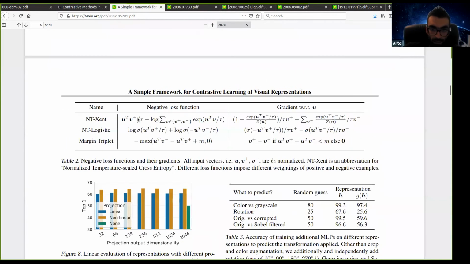So yeah, here you can see the 3 losses they compared, and this is normalized temperature cross entropy, and it's pretty much what we saw from that Pearl paper.